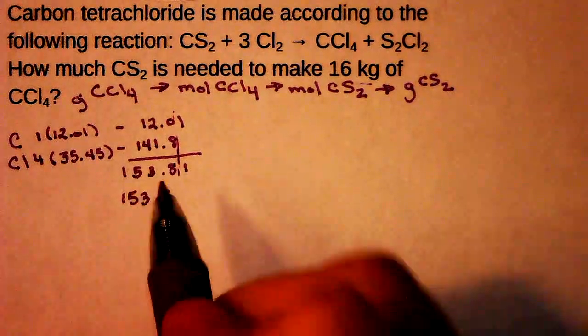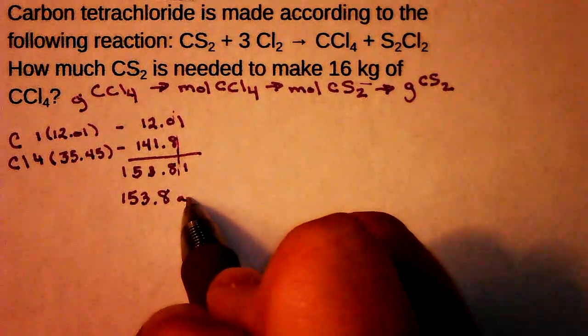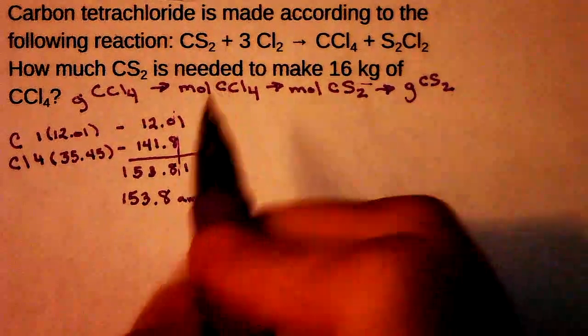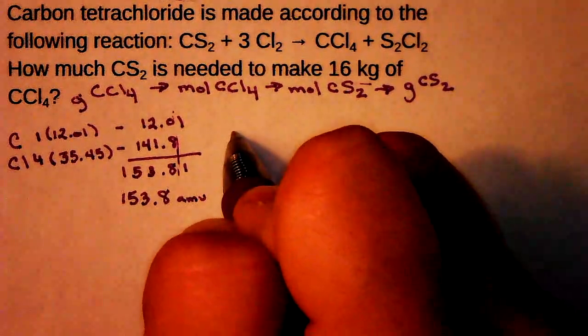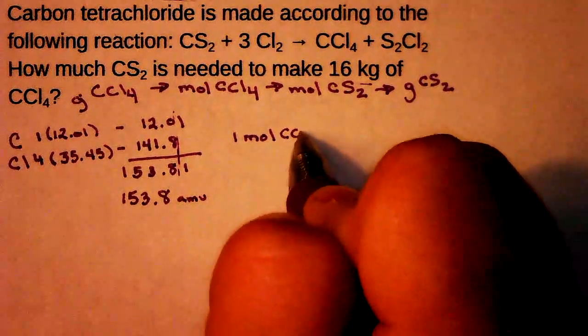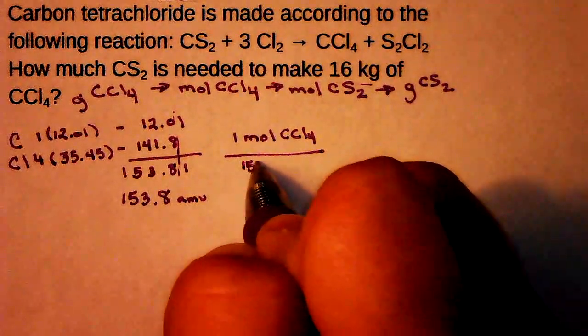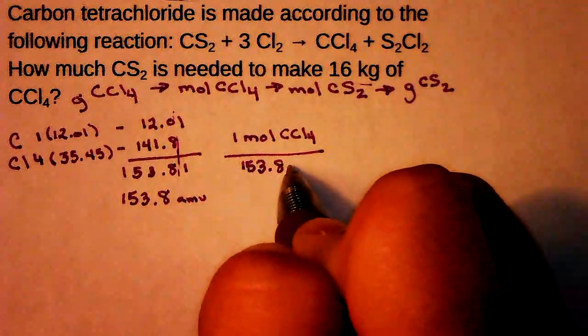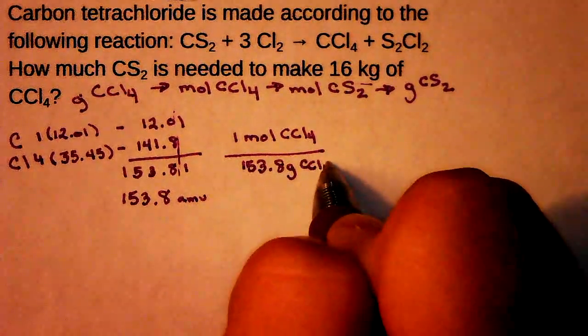That's atomic mass units, or we could think about it in terms of the conversion factor. So you could say 1 mole of CCl4 is 153.8 grams of CCl4.